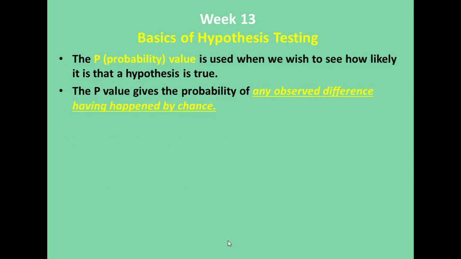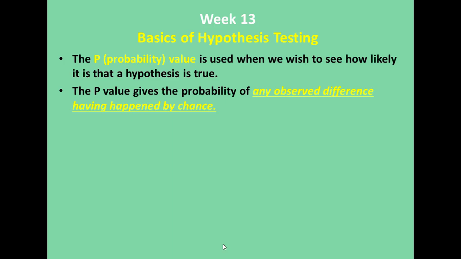The other thing to be familiar with that we went through in the course is the probability value, or the p-value. The p-value is used when we want to see how likely it is that a hypothesis is true. So this is the value that we use basically to test the hypothesis in the end.